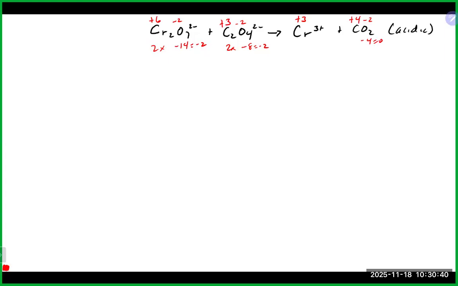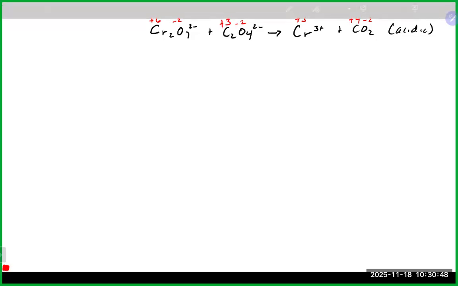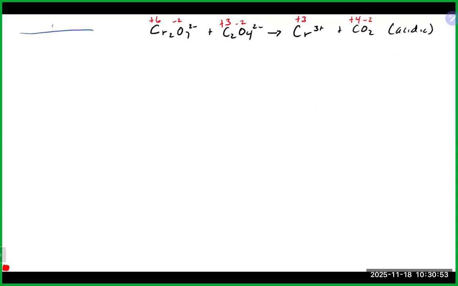Questions on assigning the oxidation numbers, which definitely is something you need to be able to do for sure. Again, just figuring out oxidation reduction, all those good things. You could use the number line if you prefer. Our chromium on the left there is +6, and on the right there is +3. It is definitely moving in the negative direction, and that means that it is going through reduction.